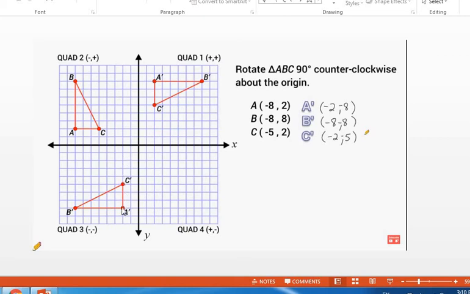So the coordinate of A dash will be negative 2 and negative 8.